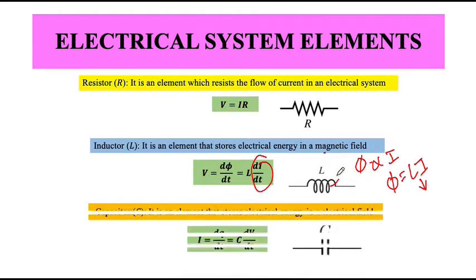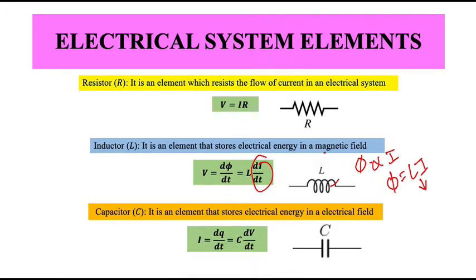Similarly for a capacitor, the charge is proportional to the voltage, and in the case of a linear element Q equals CV. The current, which is nothing but the rate of change of charge, dQ by dt, can be written as C dV by dt.